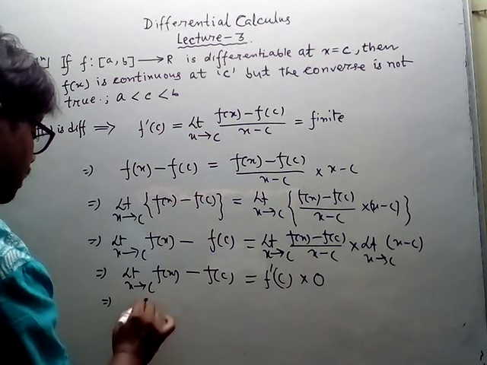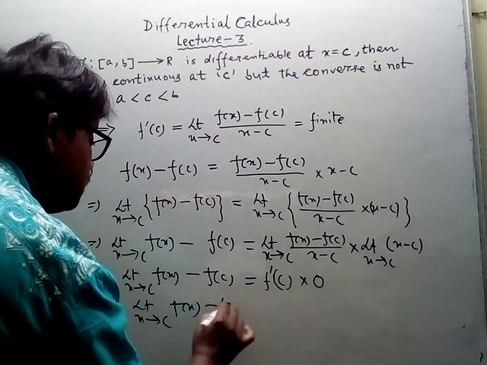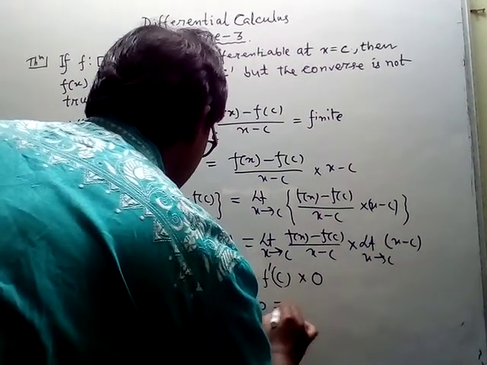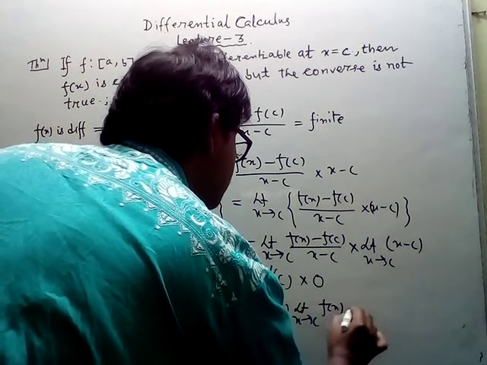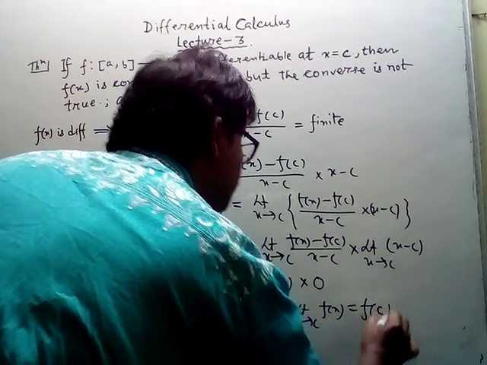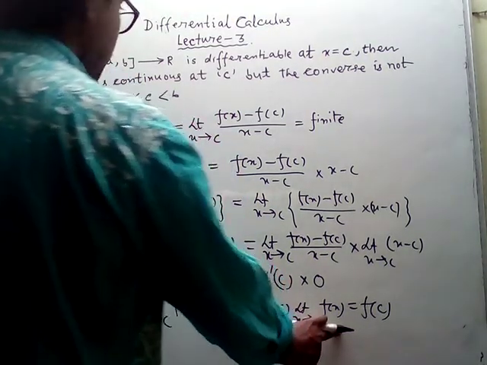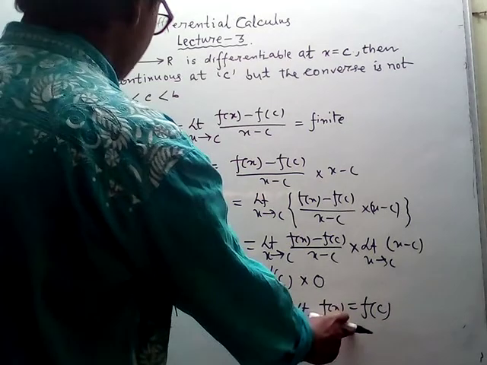Therefore, the limit x tends to c of f(x) minus f(c) equals 0. This implies the limit x tends to c of f(x) equals f(c). So f(x) is continuous; this is the condition of continuity. So f(x) is continuous at x equals c.